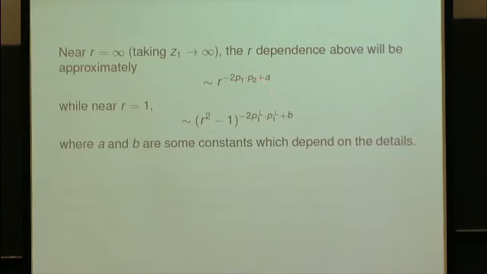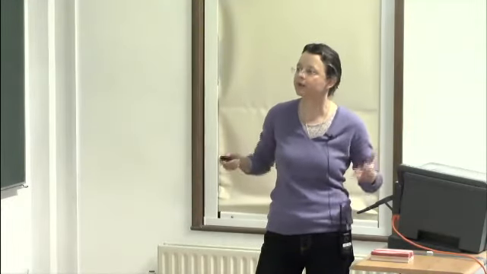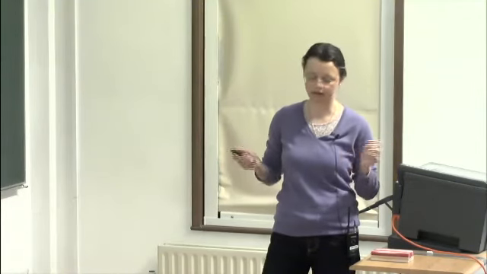P1 and P2 are the two momenta of the two vertex operators. And A is like a number, some finite number that we know. Also at r equal to 1, we check the amplitude and see what we get. Then the r dependence looks like this. So it depends on the momentum that is transverse to the brane. And again, B is some finite number that we know.